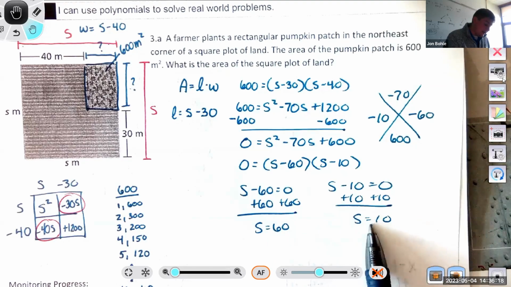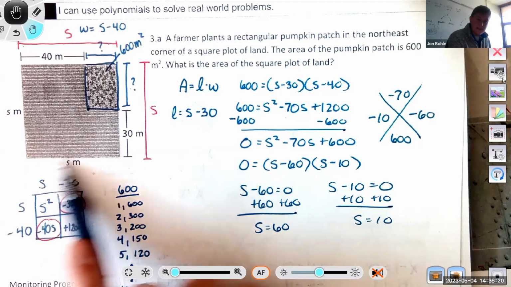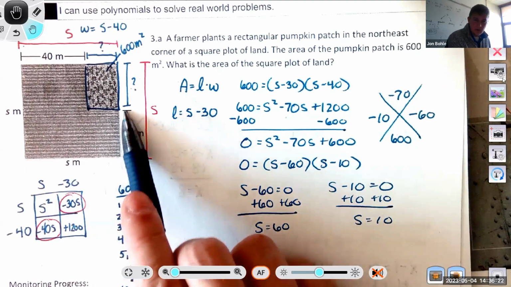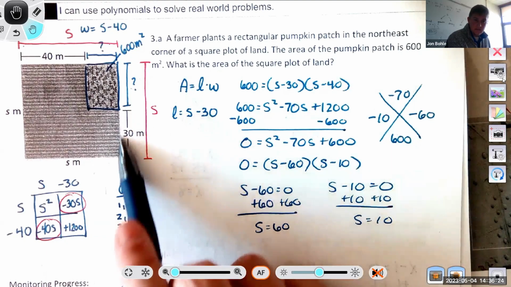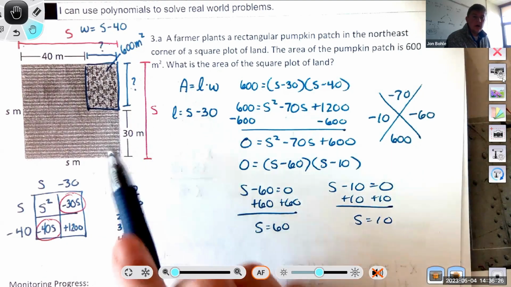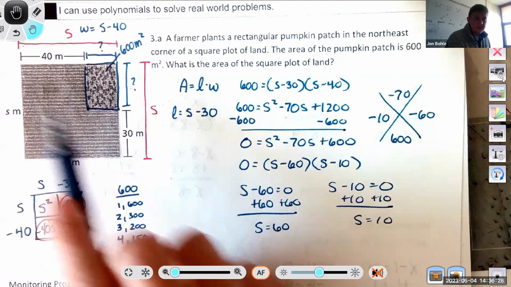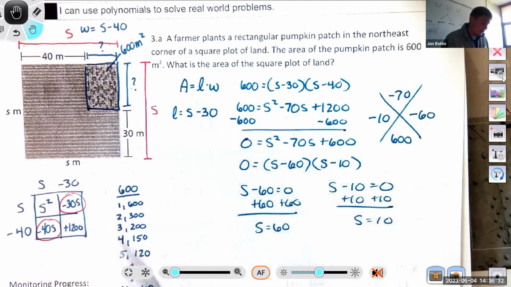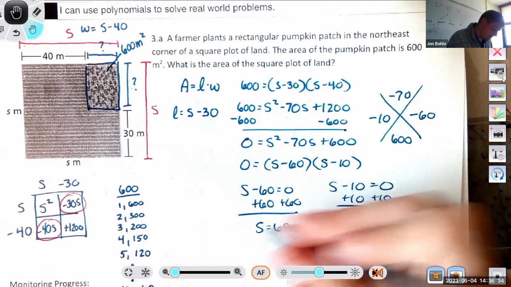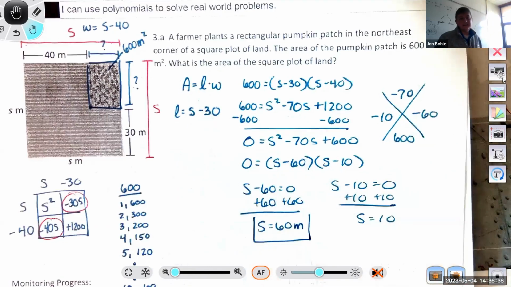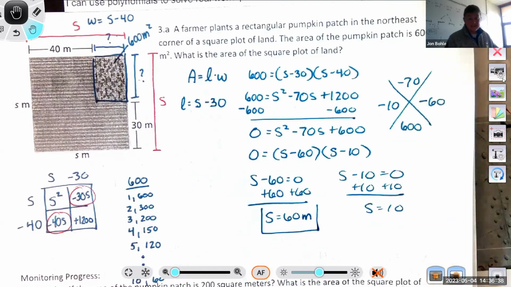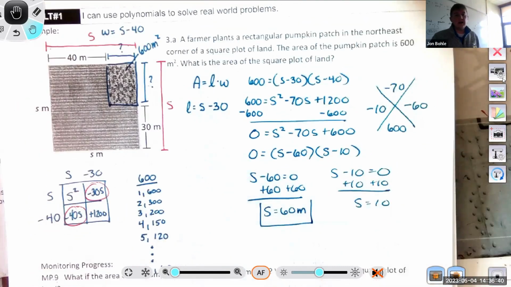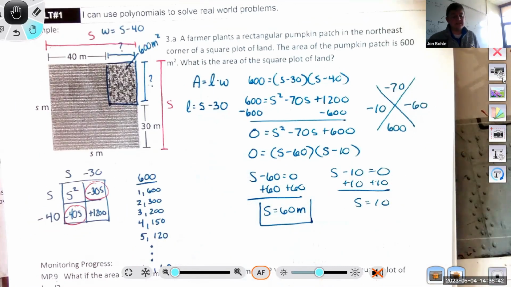If I'm saying this whole length is 10, that doesn't really make sense because we know part of this is already 30. We can't have the total side length be less than what that chunk is already. So it's going to have to be 60 meters and not the other one. So algebraically 10 is a solution, but given the context of the problem, 10 is not.